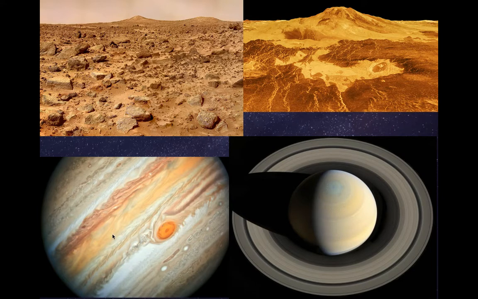Saturn has rings made out of ice and rocks. And basically, it's comets, asteroids, and moons that have broken off and orbited around Saturn through gravity. Now, later on, scientists have found out that Jupiter, Uranus, and Neptune also have rings around them. So Saturn is not the only one.